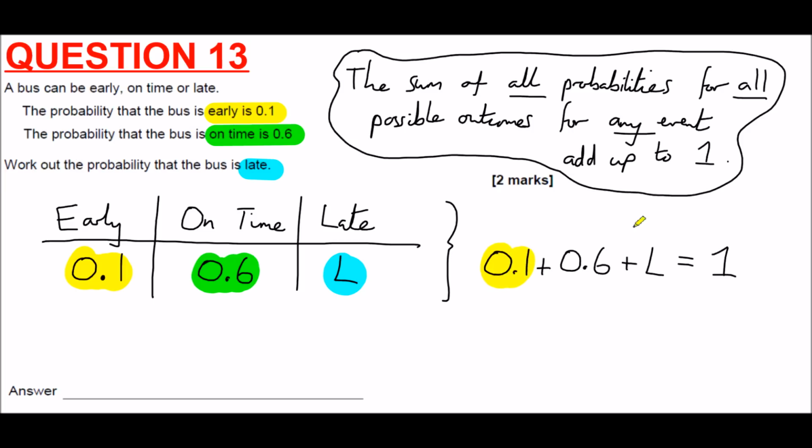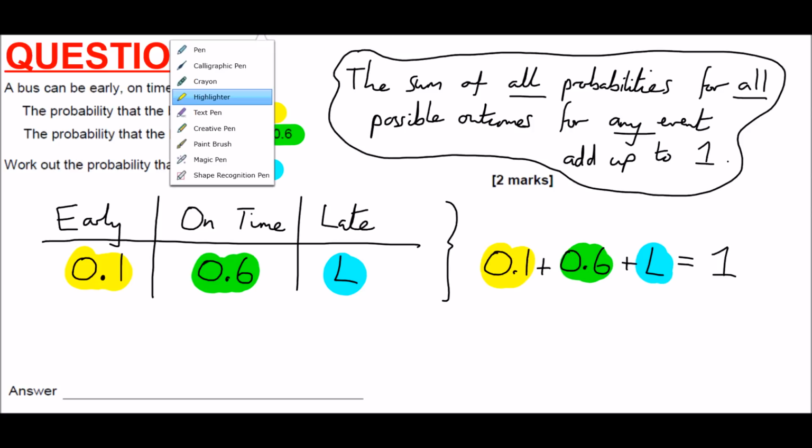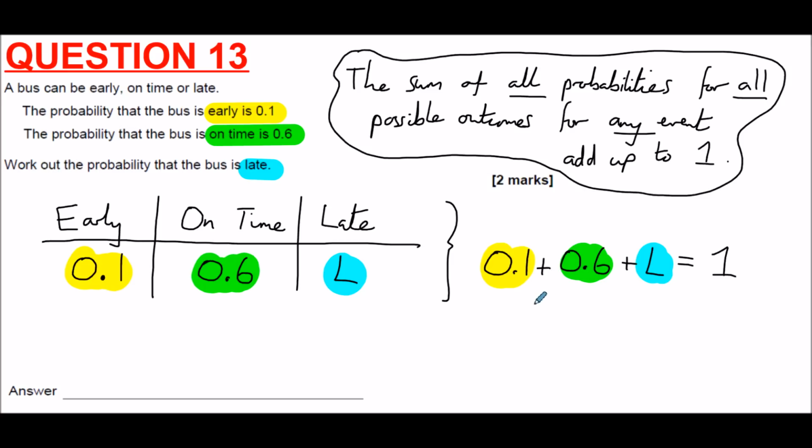So before we work this out, we can simplify it slightly, because we can work out ourselves what 0.1 plus 0.6 is. 0.1 plus 0.6 is 0.7. That equals 1. And so 0.7 plus something equals 1. And so what we can do here is just work out what L is by taking away 0.7 from 1.